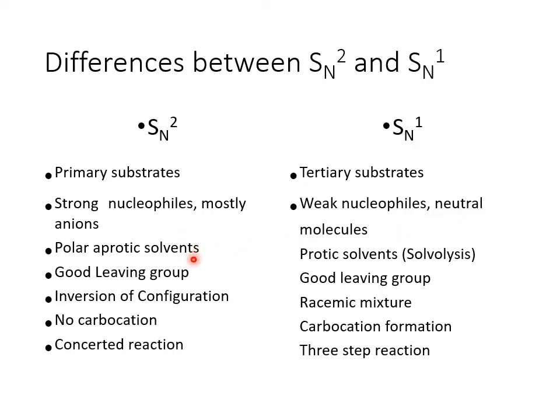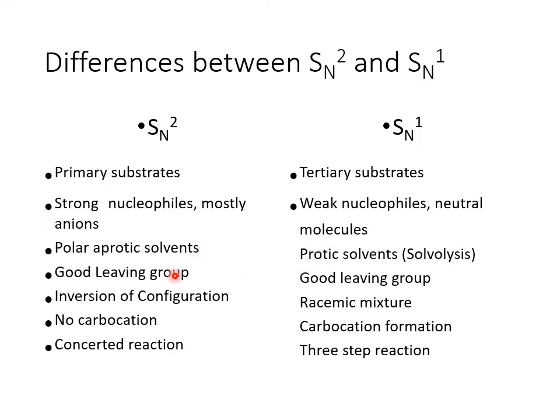SN2 reactions occur mostly in polar aprotic solvents versus SN1 reactions which occur in protic solvents. The reason for this is because you form a carbocation, right? And this carbocation is actually stabilized by the protons, right? So this is the reason why SN1 prefers protic solvents.